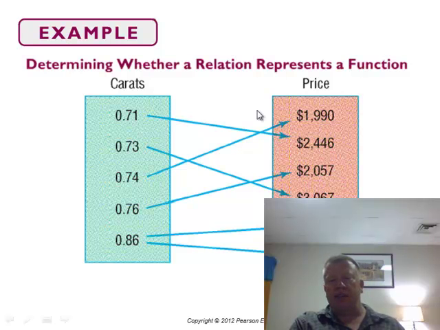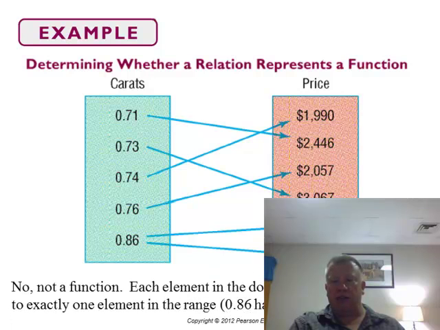So price is not necessarily a function of weight. You could have 2 diamonds that weigh the same but sell for different dollar amounts. In particular, you have one element in the domain that gets mapped to 2 or more elements in the range. So that's not a function.